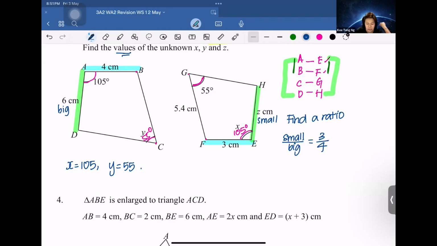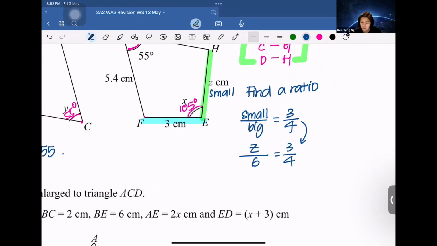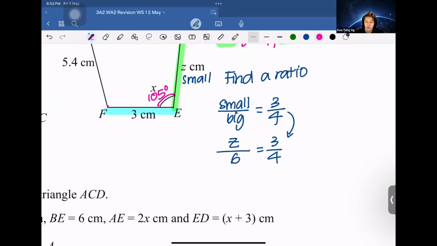HE with AD. So HE is Z over AD is 6 cm, and equals, we are going to use the ratio over here, 3 over 4. Then what do we do? We can do our cross multiplication, and then we solve the answer.